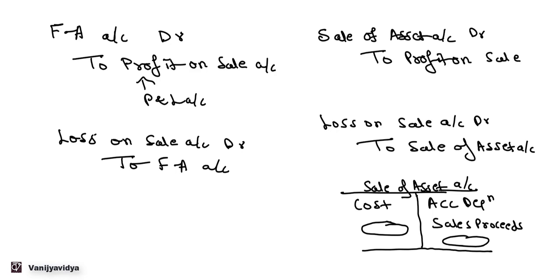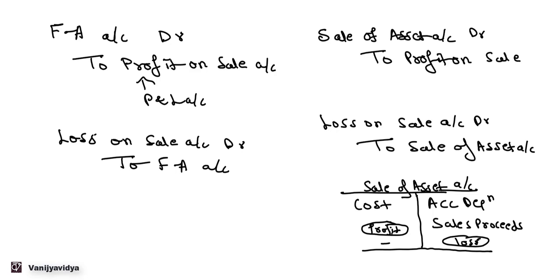Whatever was the balance in the sale of asset account will go either as a profit or as a loss. So if the sale proceeds are greater than the WDV, then it will go as a profit, otherwise a loss.